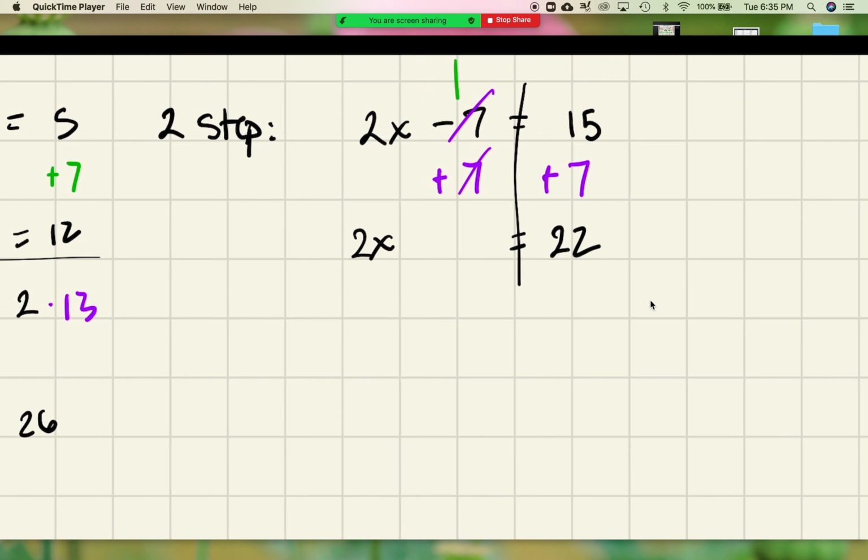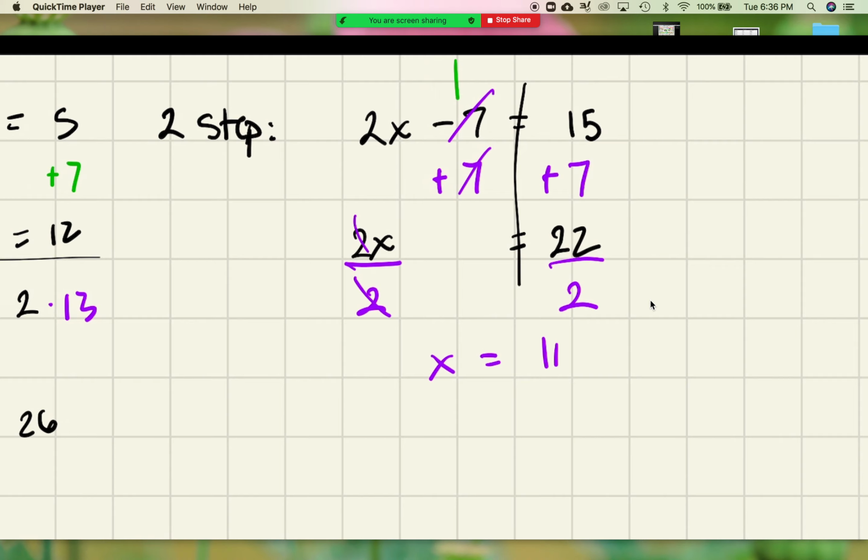Here we have 2 times x, so the opposite operation would be divide by 2. So we divide by 2 and divide by 2 because we're trying to get the x by itself. So that goes away, and we got x equals 11. So it's just a mixture.